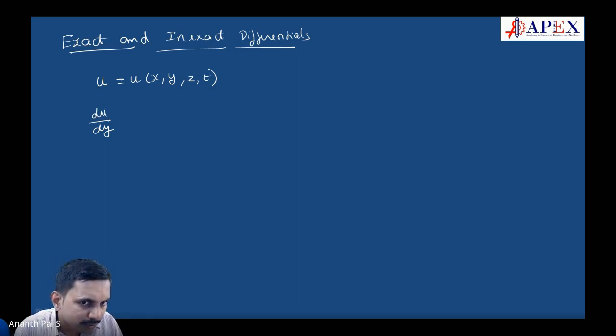u is a function of x, y, z, t, everything. So how do you find out du by dy?